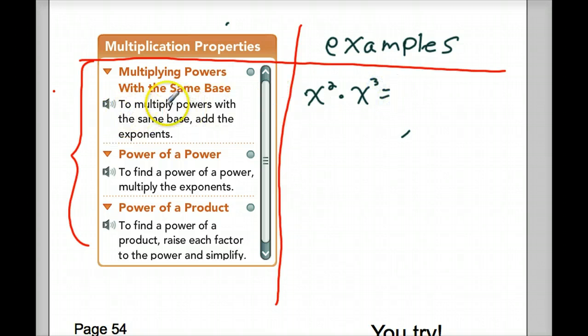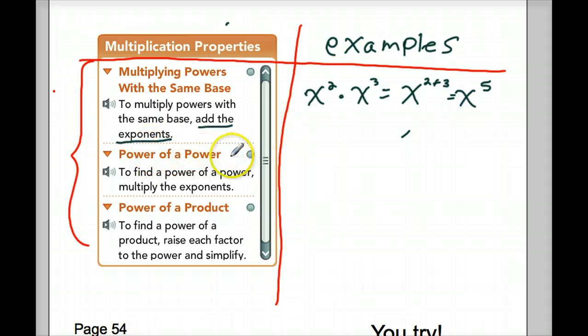And remember, when we multiply, we just add the exponents, and it says it right here. We just add those exponents. So now our answer would be x to the fifth. How we got x to the fifth, actually let me show you that, is x to the second plus 3 gives us x to the fifth. So that's our final answer.